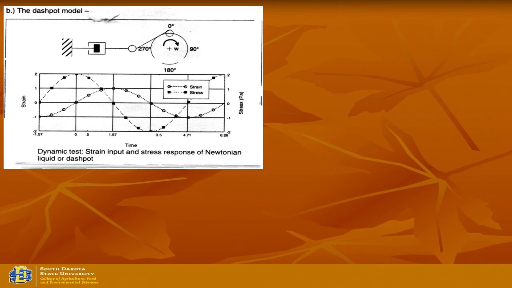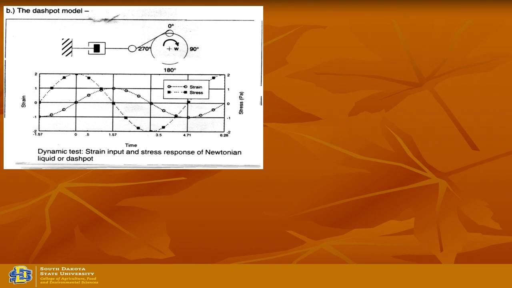So that's what I am talking about, 90 degrees apart. So the maximum is here for the strain, and for stress the maximum is here. That is 90 degrees apart. That is for the dashpot model, the viscous model. So for the spring model, they are in phase. For the dashpot model, they are out of phase by 90 degrees.